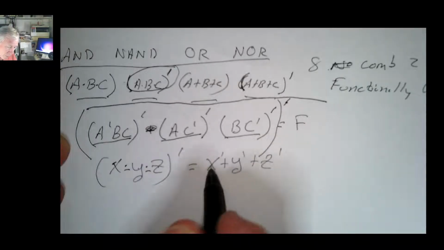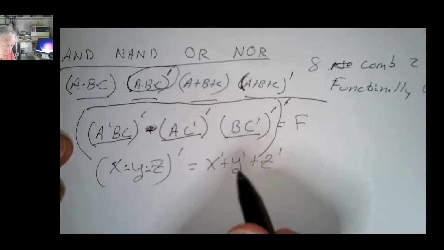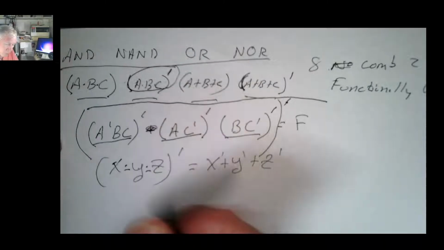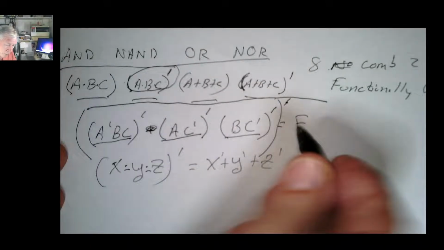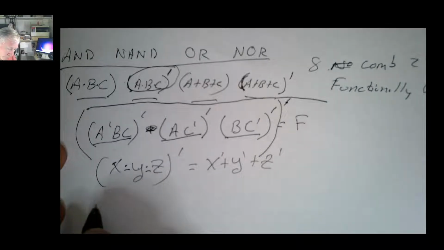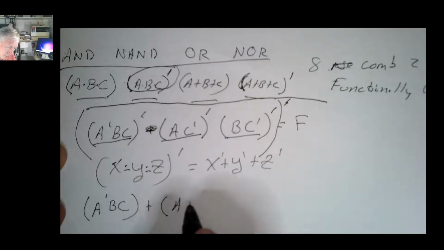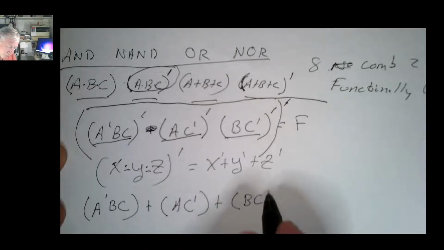Our X is just going to be the quantity A prime B C primed, and so if we do this, what we're going to get is A prime B C without a prime plus A C prime plus B C prime.